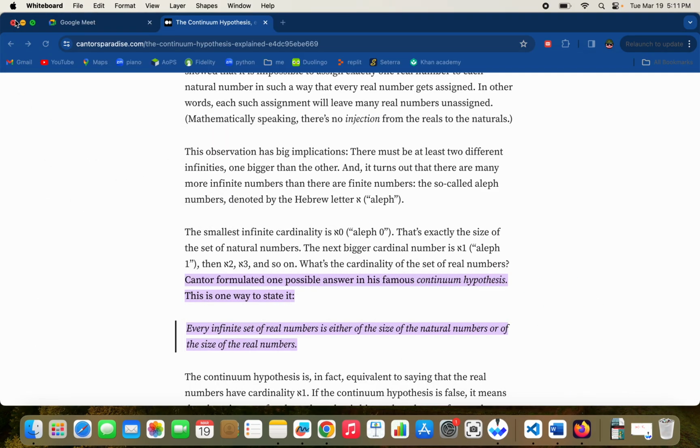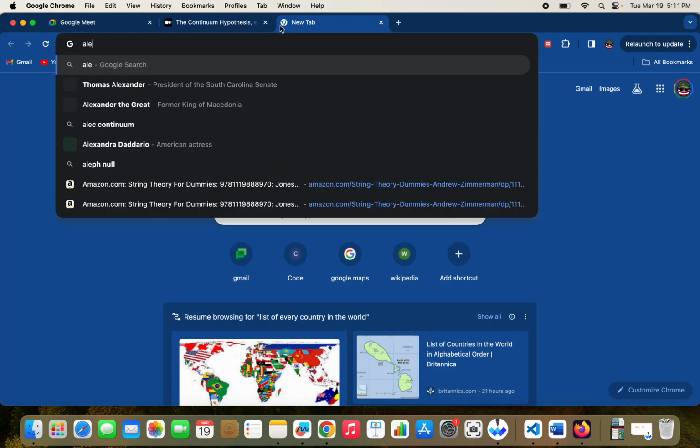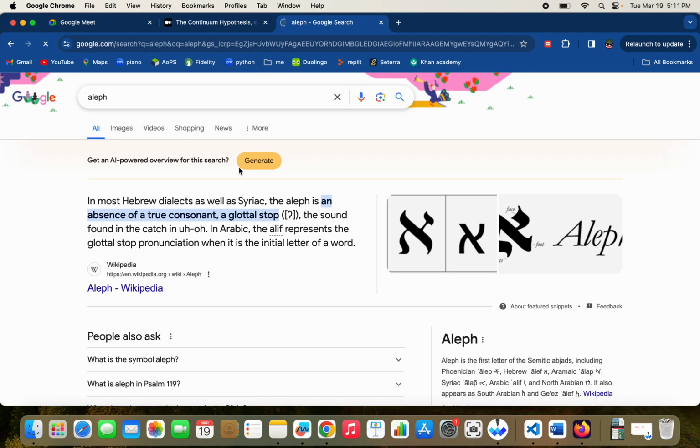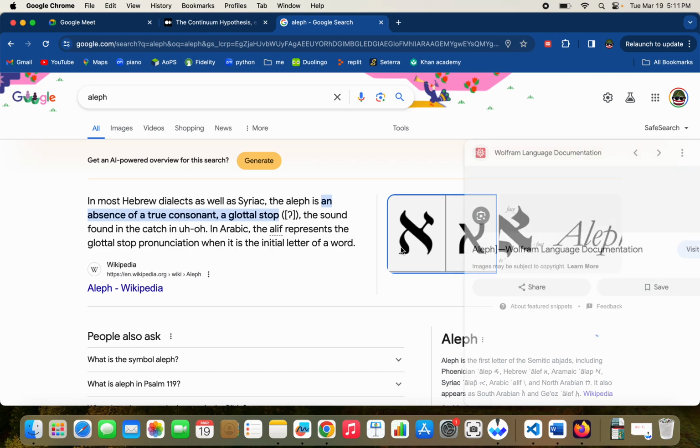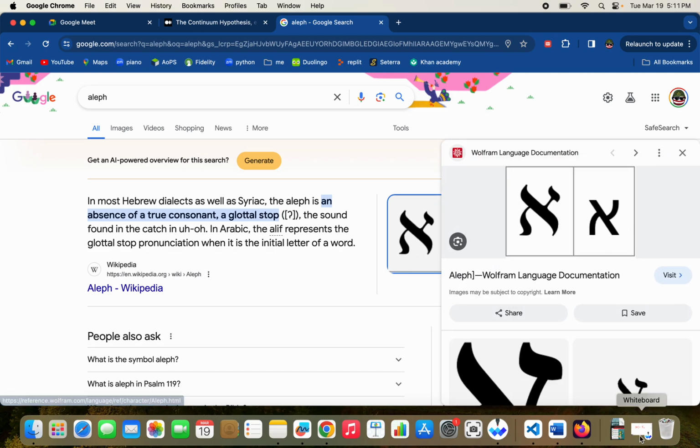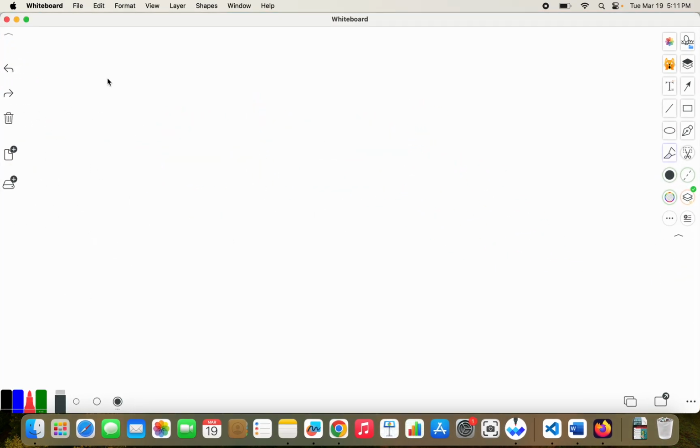Wait, is there a better way to draw this? It doesn't look good at all. Aleph. Okay, so let's see if we can draw this. Okay, I like the simple version better.